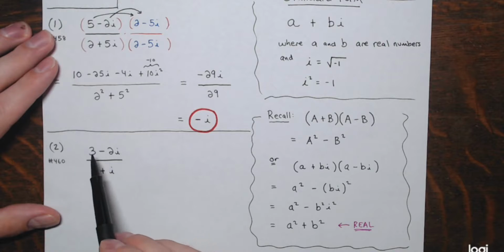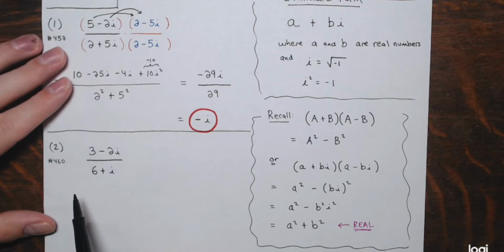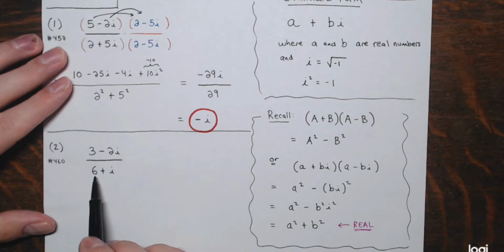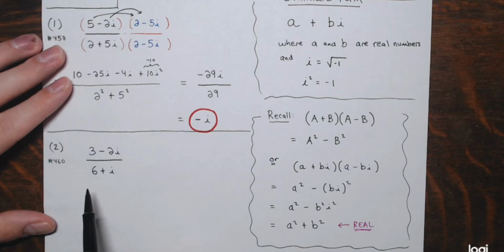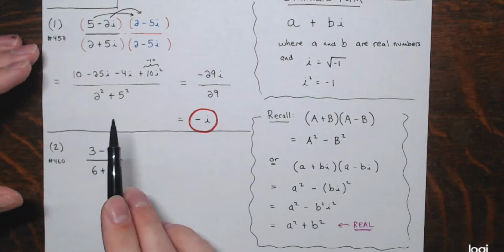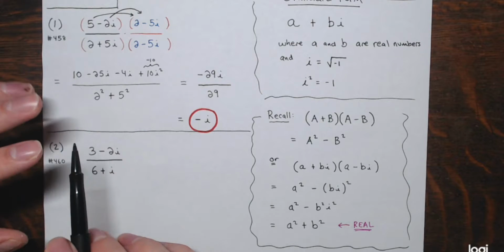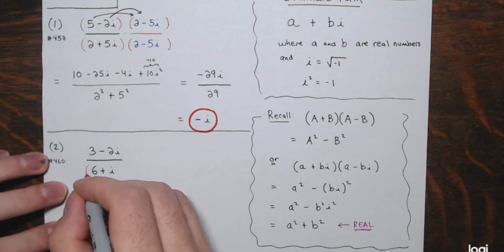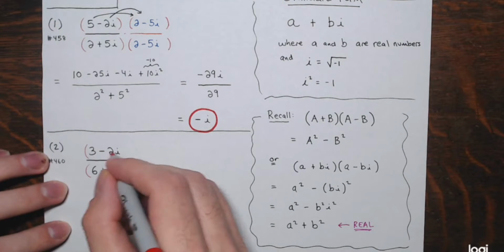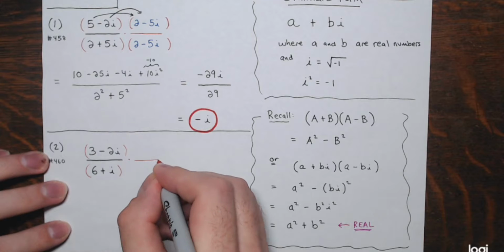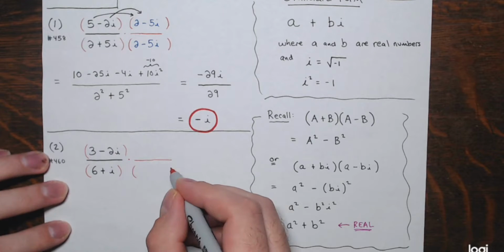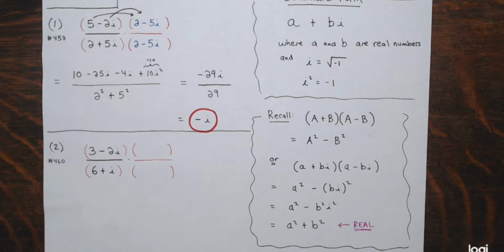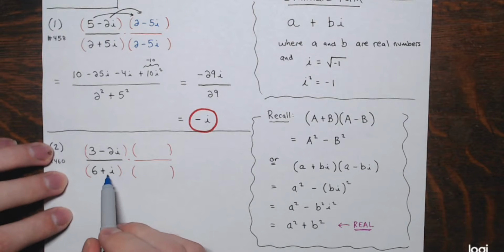Same thing, we're dividing complex numbers. 3 minus 2i divided by 6 plus i. And just like in example 1, we're going to do this in every example. I'm going to multiply the numerator and the denominator by the same thing. And what I'm going to multiply by is the conjugate of the denominator.